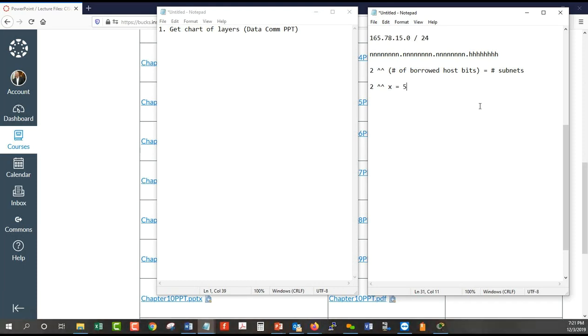So in this problem, it will be 2 to the 3, which is going to be 8. So in order to make this work, we're going to have to borrow 3 bits. So let's just visualize that.